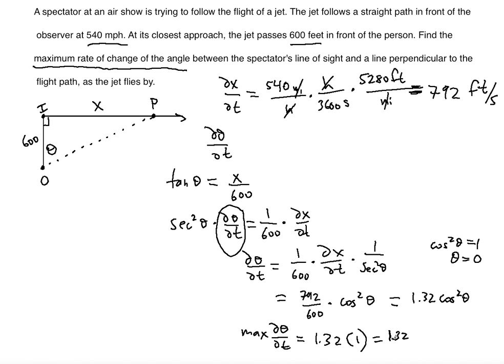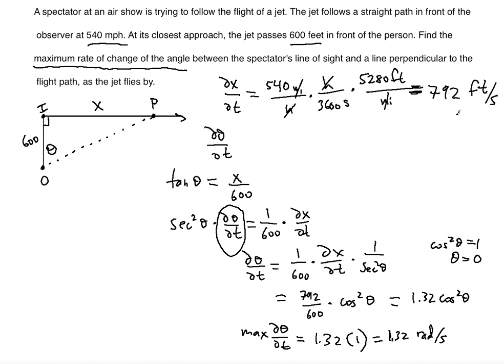Now let's be careful about the units. The units must be radians per second, okay? And not degrees. Why? Let's think about why it's radians. When it's right above you, the plane is flying only 600 feet above you, a vertical distance of 600 feet from the ground level.